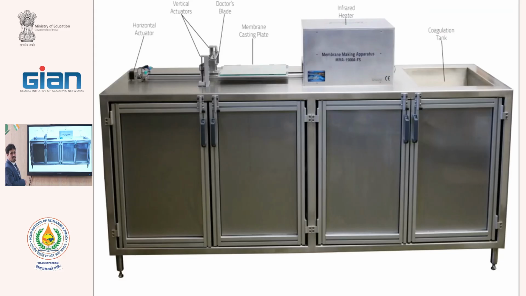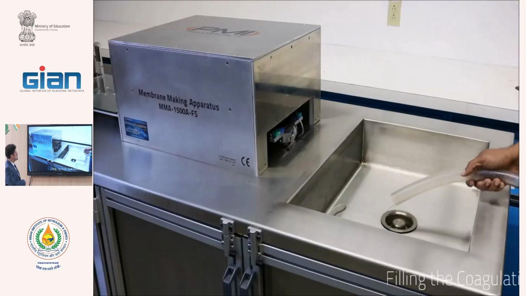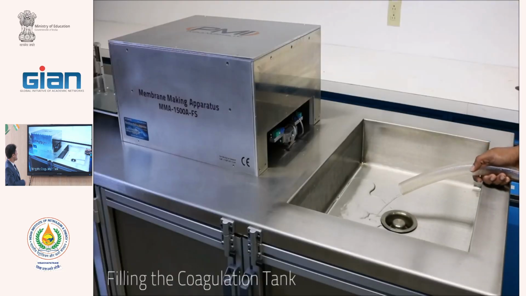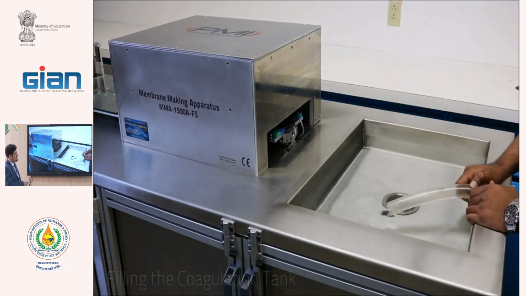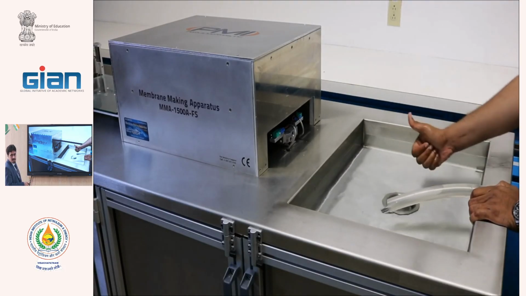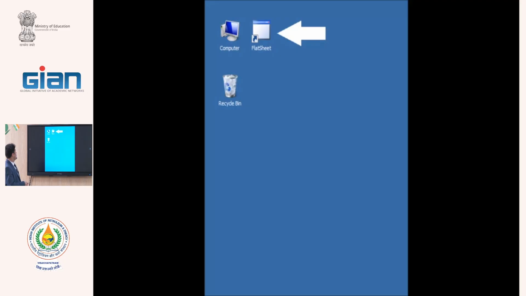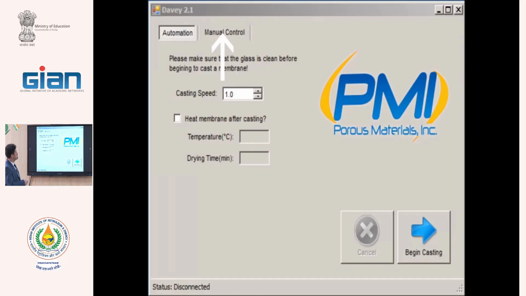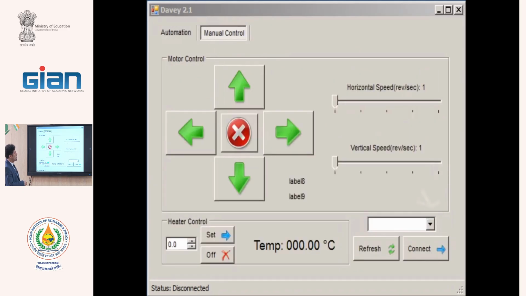This is a device in lab scale for production of the membranes on the surface of the glass. This is a coagulation bath filled with non-solvent, that here is water. This device has software that controls the speed of the casting.